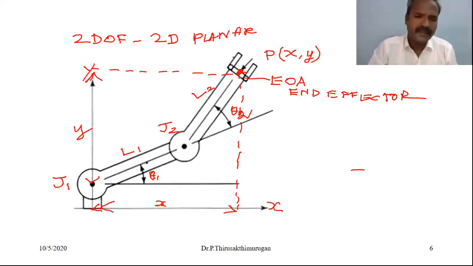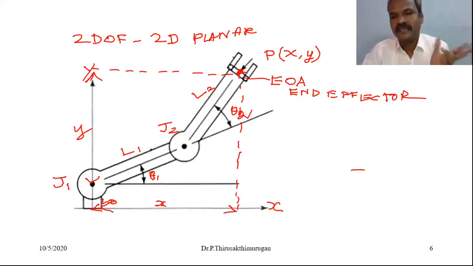So each joint is connected with two links. Say you can also have this initial link, L0. We may consider or may not consider. This joint 2 has two neighboring links. So each joint has two links. Each link has two joints. Say L1 has two neighboring joints, J1 and J2.